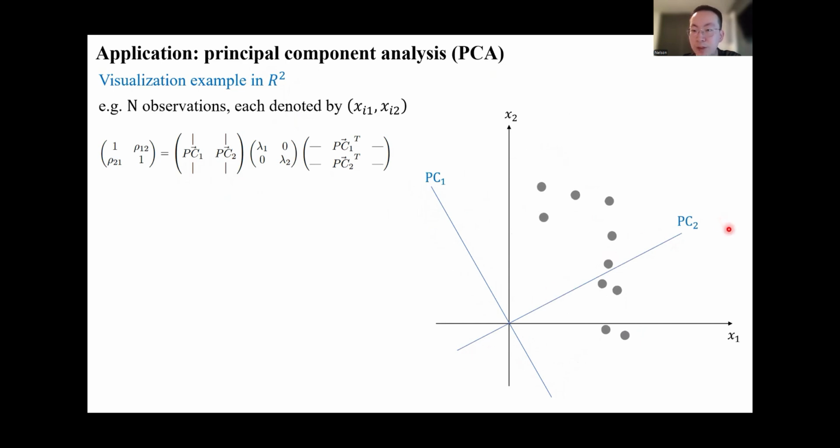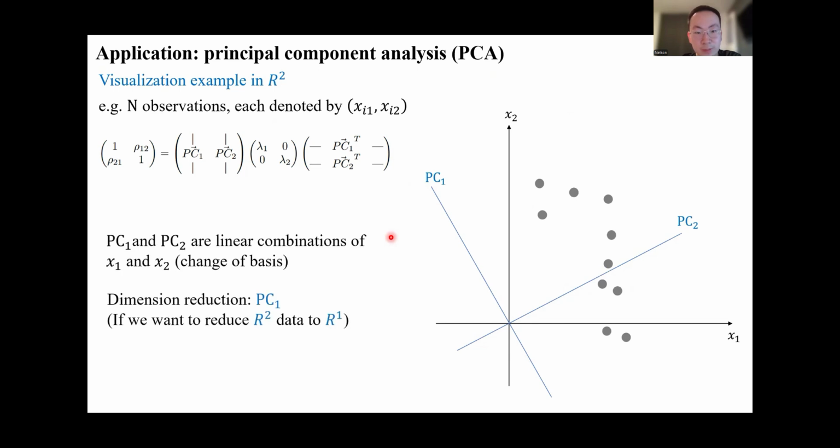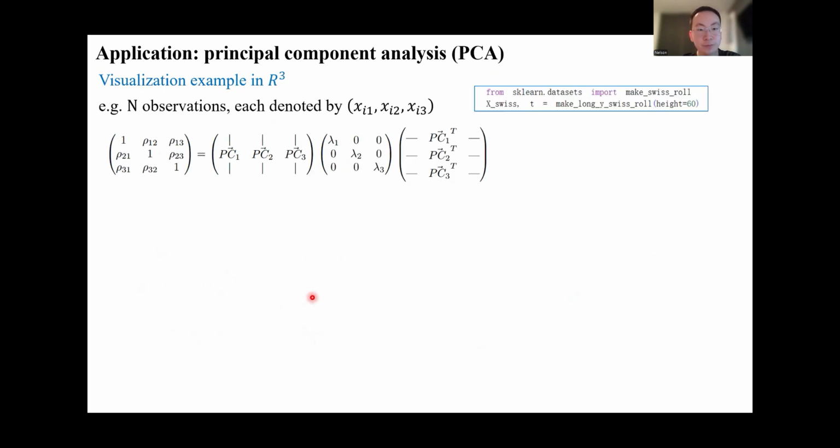We also project the data onto this PC2 direction. You can see this PC2 direction also explains some variance, but it's much smaller than the variance on the PC1 direction. The key takeaway here is that PC1 and PC2 are actually linear combinations of x1 and x2. And if I need to do the dimensional reduction, I will only pick PC1 as the most important direction.